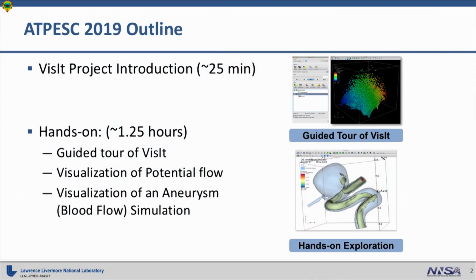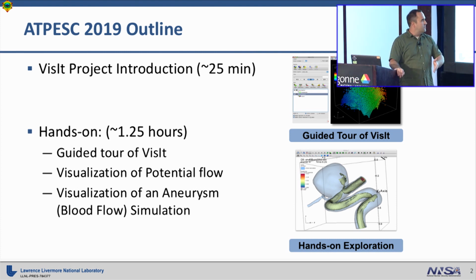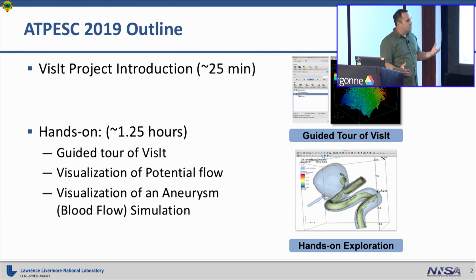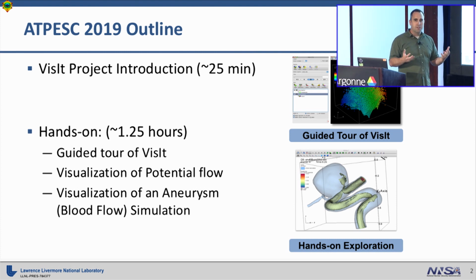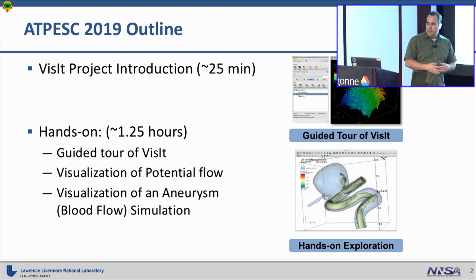Okay, so what's the plan? What we're going to do is some slides, a little bit of introduction, set the stage a little bit about the history of the project and some of the things to think about before we move into a hands-on. The hands-on is going to be split into 3 different steps. The first is going to be me doing a whirlwind-ish thing, showing you lots of stuff.